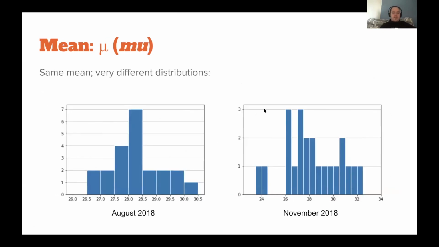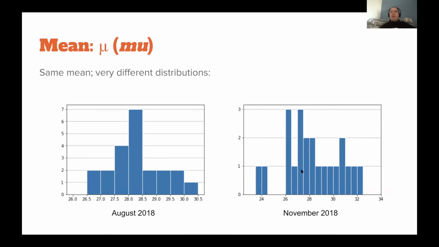Now, this is also very interesting. This is a comparison between the values that I got in August and the values that I got in November for the same thing, right? So still for cycling from my home to Alan.